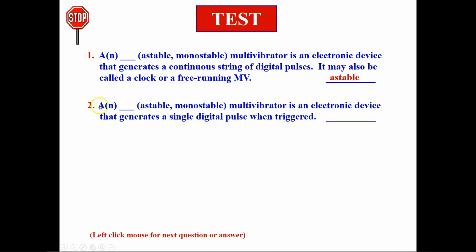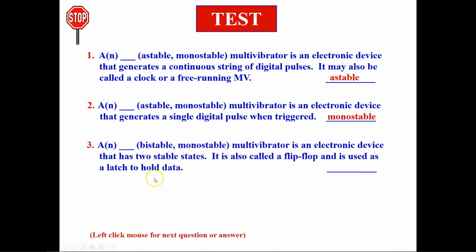Next, a dash multivibrator is an electronic device that generates a single digital pulse when triggered. So this is a monostable multivibrator. And then a dash multivibrator is an electronic device that has two stable states. It is also called a flip-flop and is used as a latch to hold data.